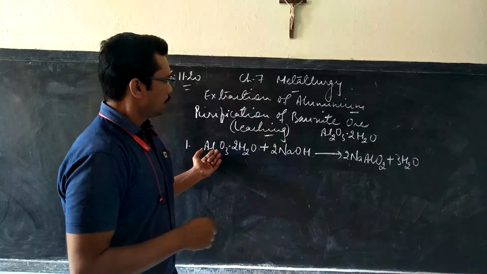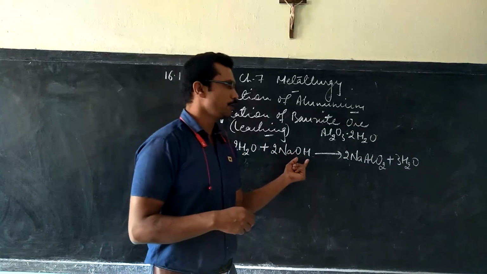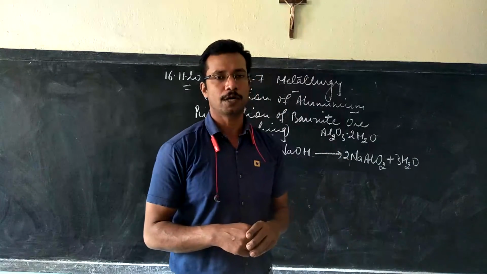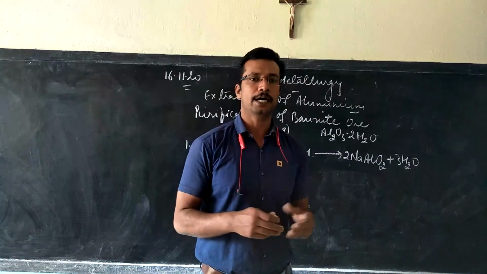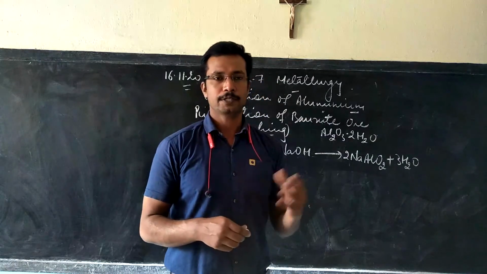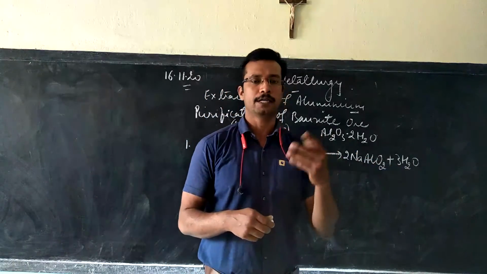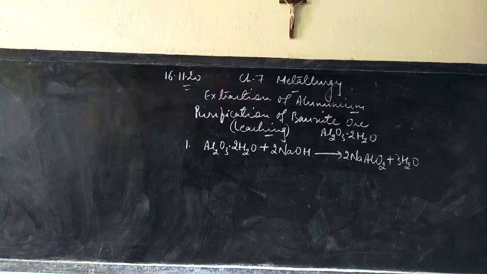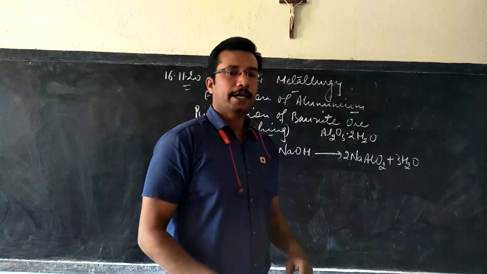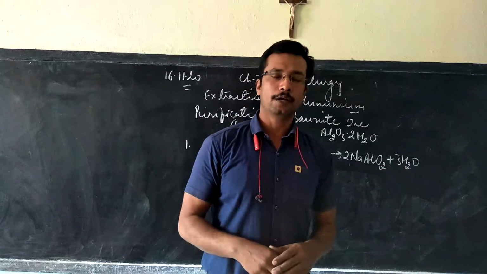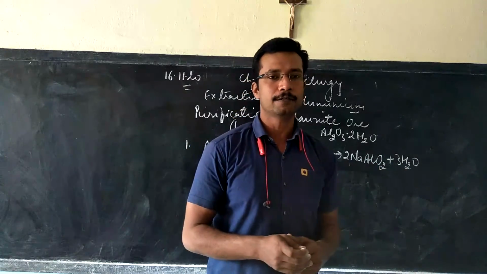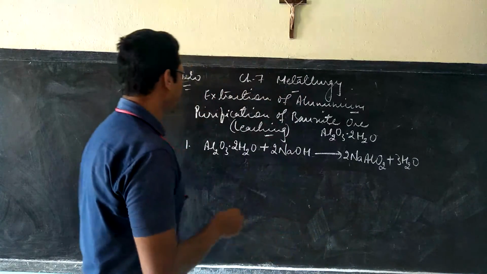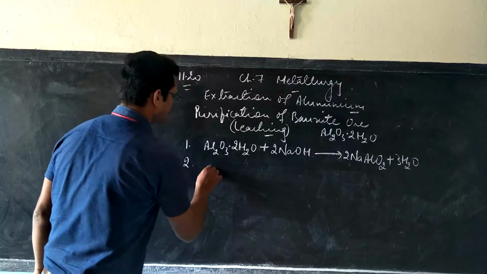So when we dissolve this bauxite ore in sodium hydroxide, we obtain sodium meta-aluminate that dissolves in caustic soda, leaving behind the impurities as red mud, which consists of ferric oxide, sand, etc. Once we have sodium aluminate, we have to filter it to make it free from the impurities called red mud, and then we have to dilute it by adding water.